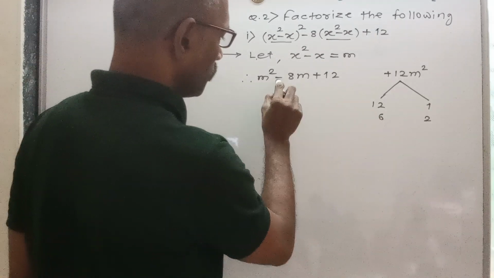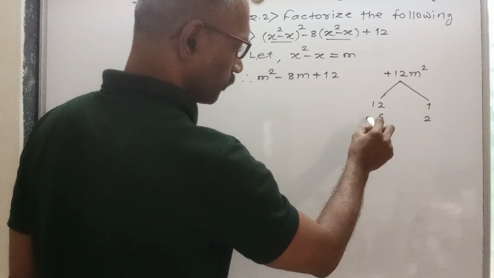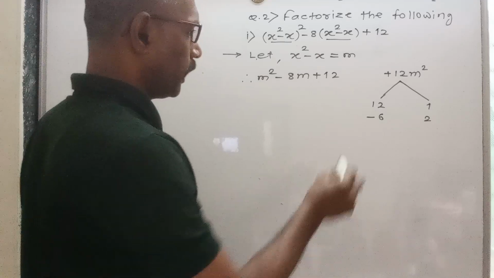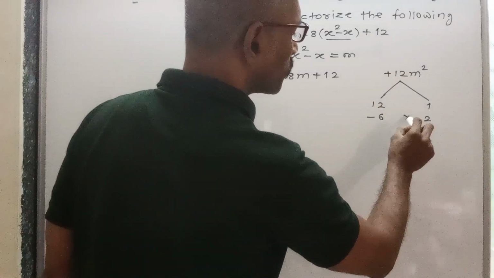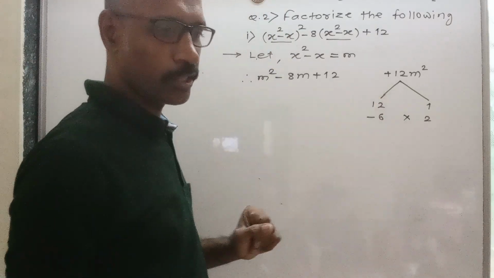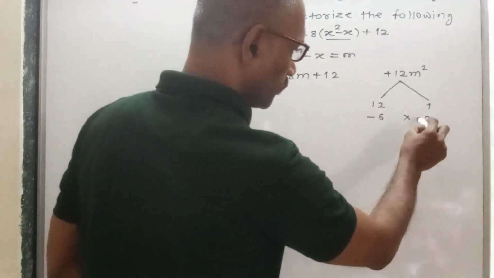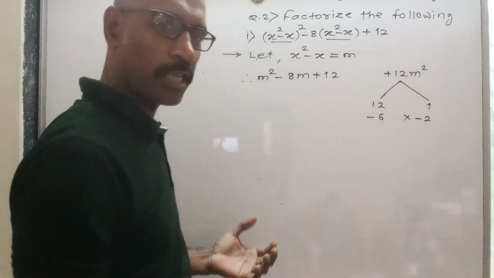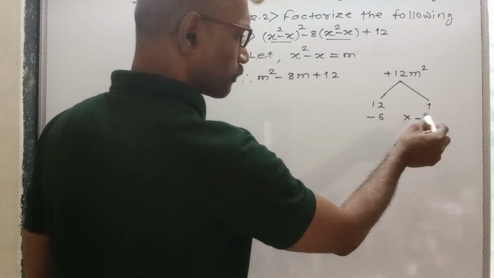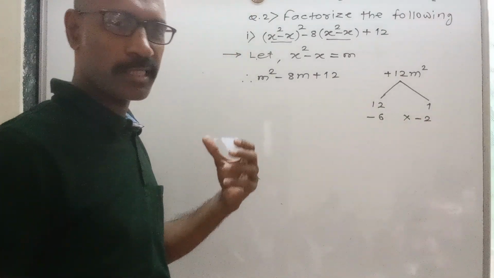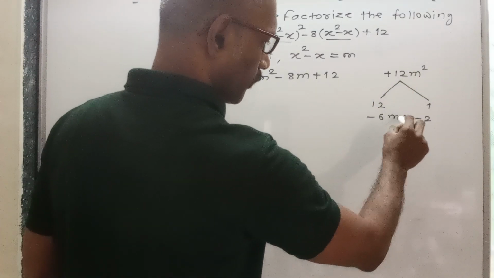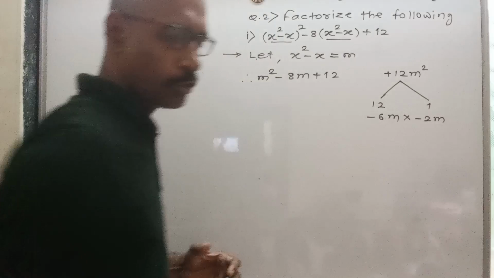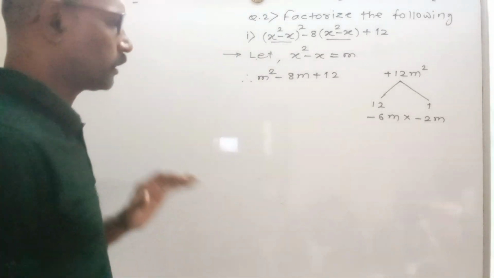Now always we give this sign to the bigger number, and because we want the product positive, minus into minus is plus, and minus 6 plus minus 2 means minus 8. Now we distribute m² here, m. Did you understand? Very simple method.